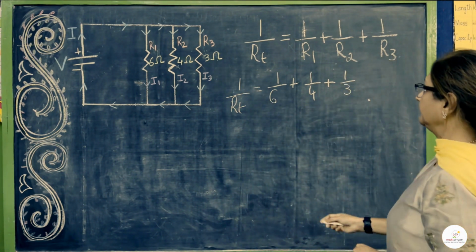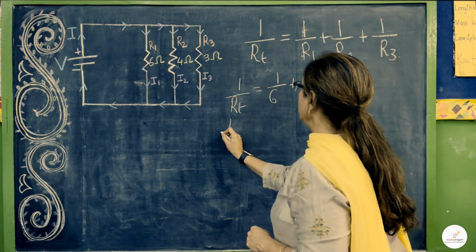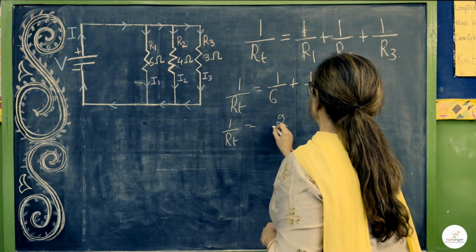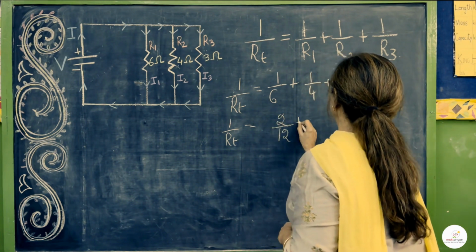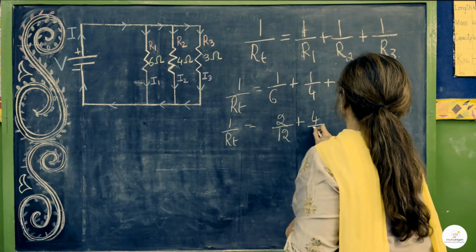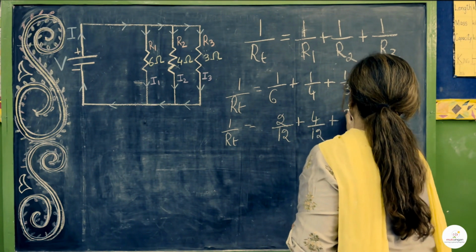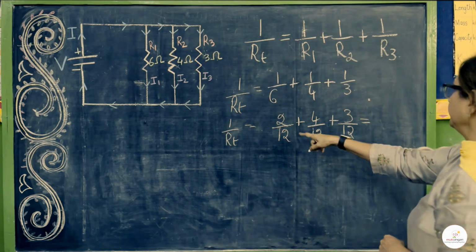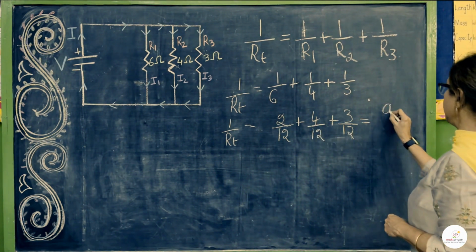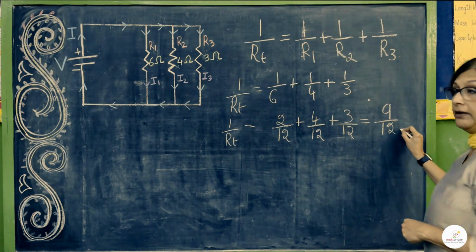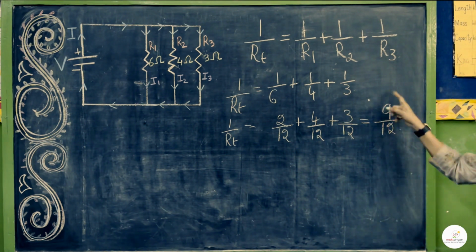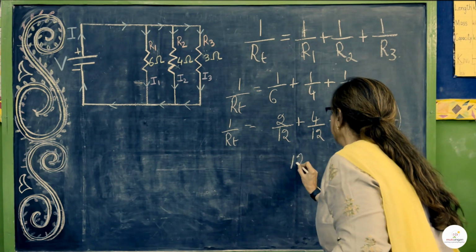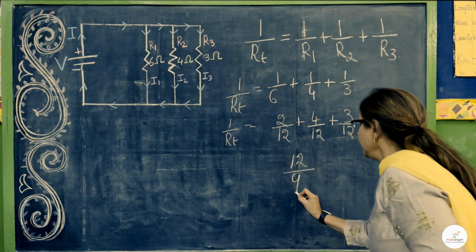If we calculate this, we get 1 over RT equals 2 over 12 plus 3 over 12 plus 4 over 12, which is equal to 9 over 12. Okay, if we take the reciprocal of this number, we get 12 over 9.